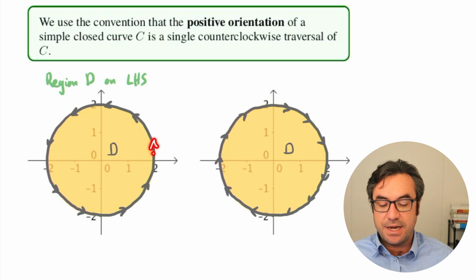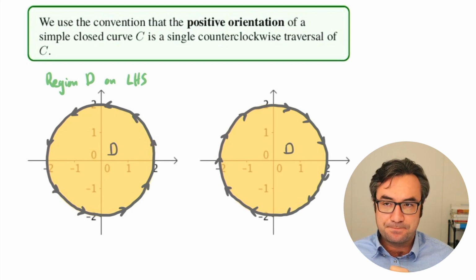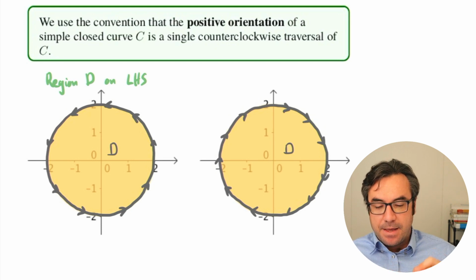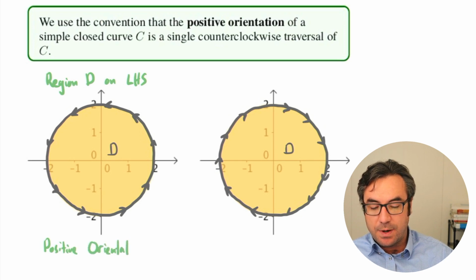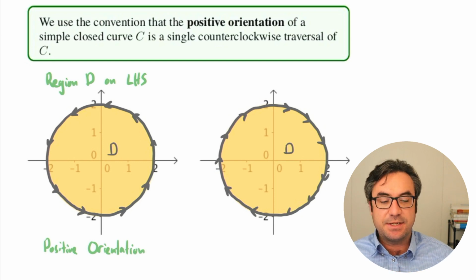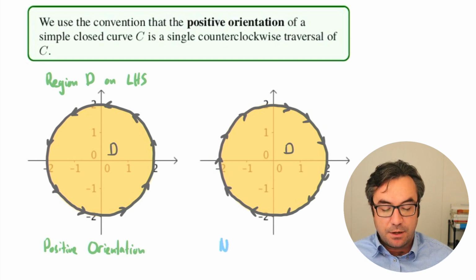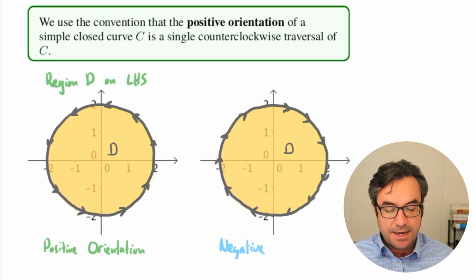So if we're standing at a point on the curve, region D should be on the left side of our point. And so this example would have a positive orientation because we're going counterclockwise and our region D is on the left-hand side. And this would have what we call negative orientation because we're going clockwise and it's on the right-hand side.